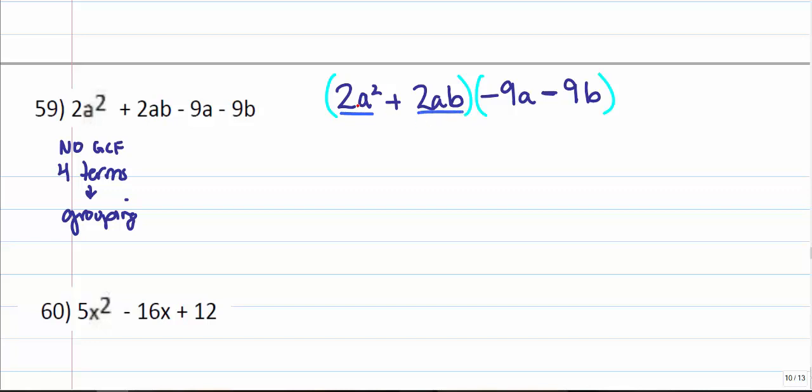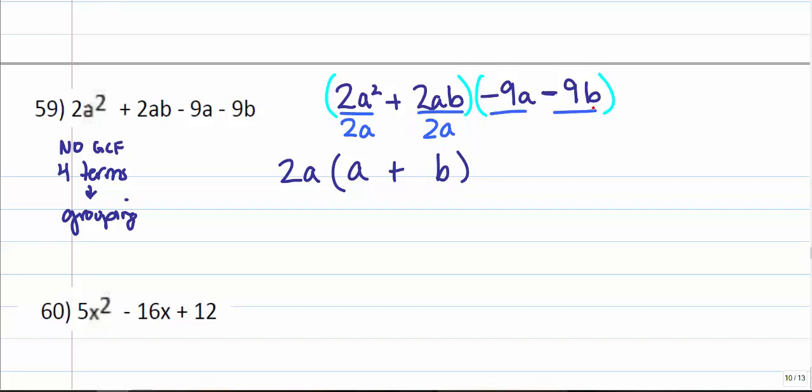So the first group, I notice these 2 terms have a 2 in common and an a in common. So I'm going to factor out that 2a and see what I have left. So this right here, the 2's divide out, and I'm left with 1a. Here the 2a divides out, and I'm left with b. Of course, that's plus.